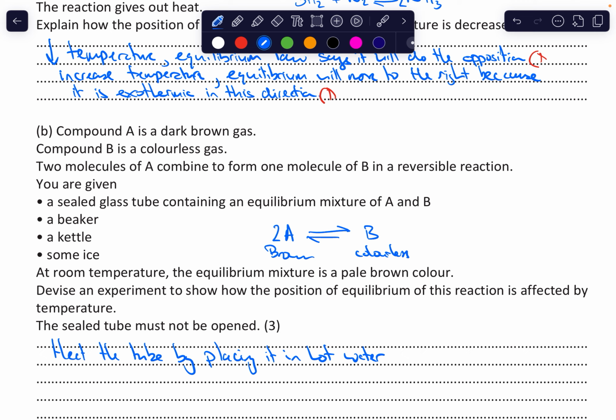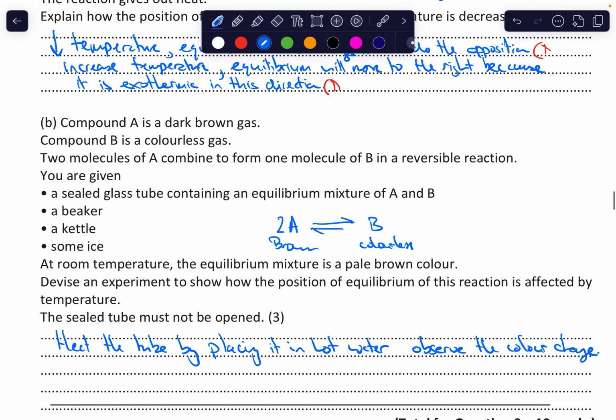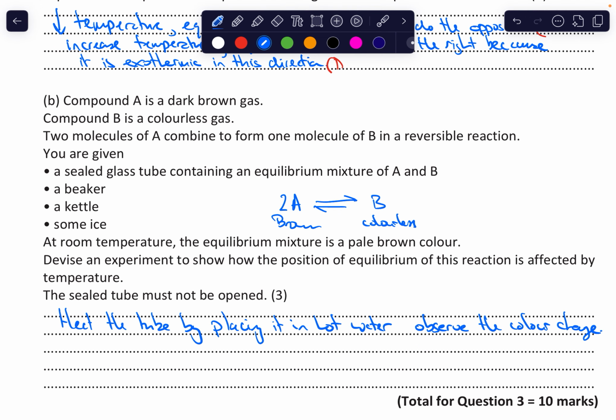And what you would do here is you would observe the color change. Okay. And then what you would do is you would then place the tube in a beaker of ice.